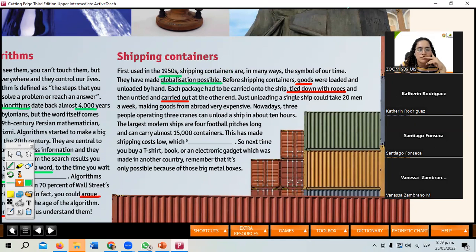And the solution is low shipping costs. Yes, good. It is to lower shipping costs and time also. So they are saving time and also saving money in shipping processes.